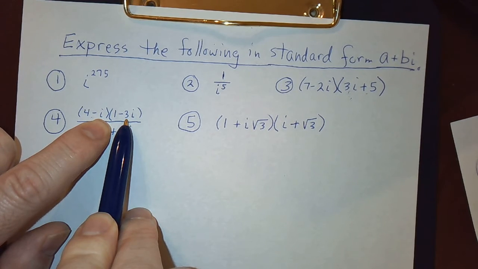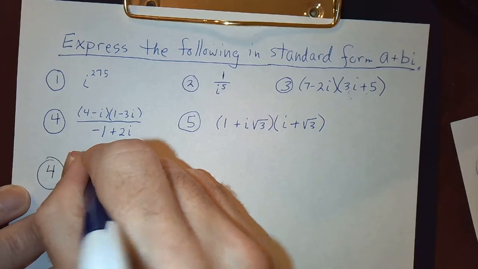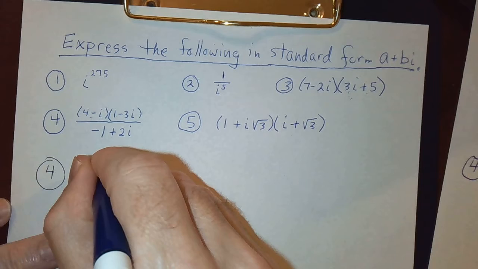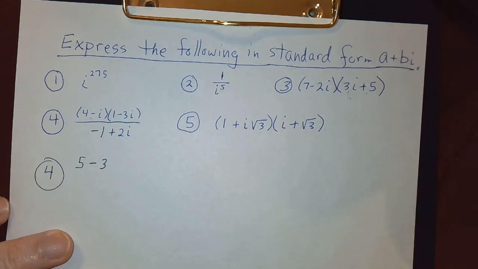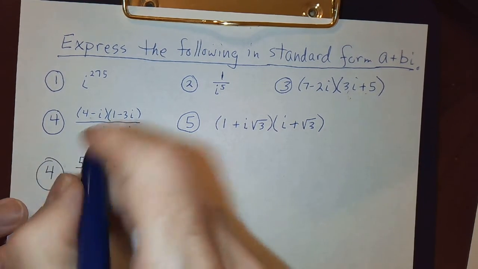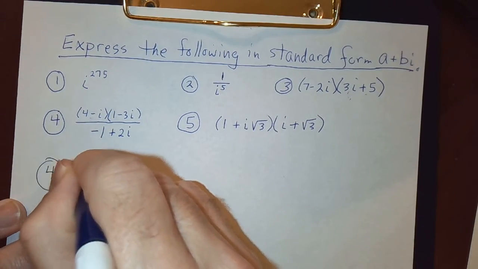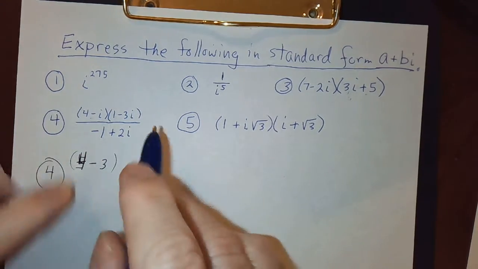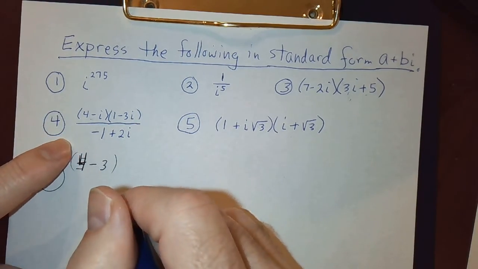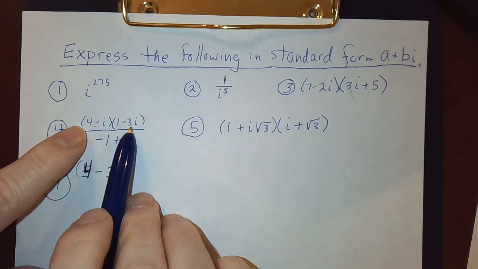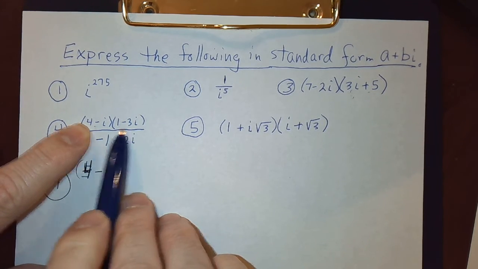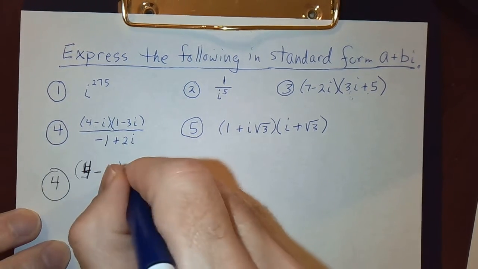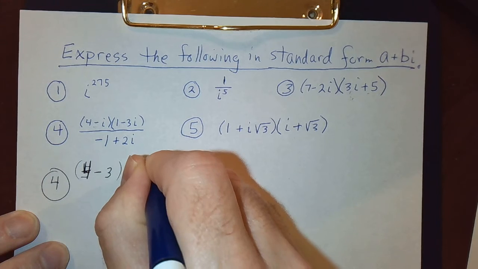But i squared is negative 1. So that's a minus 3. Oops, I'm sorry, it should be 4 minus 3. Goodness. 4 times 1 is 4. So that's going to be the real part, and then the outer and inner will give us the imaginary part. Outer is negative 12i. Inner is negative 1i. Negative 12 minus 1 is negative 13i.